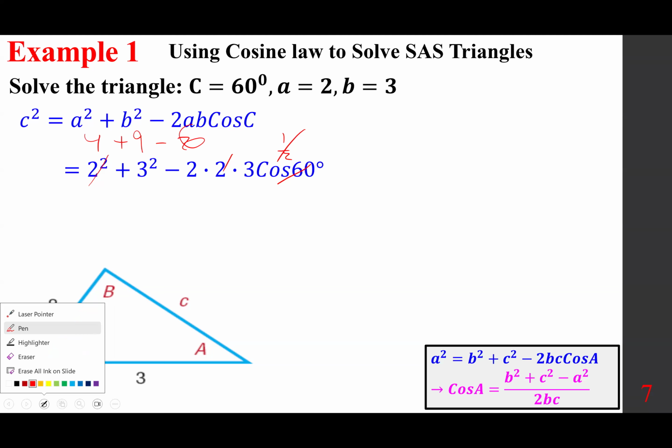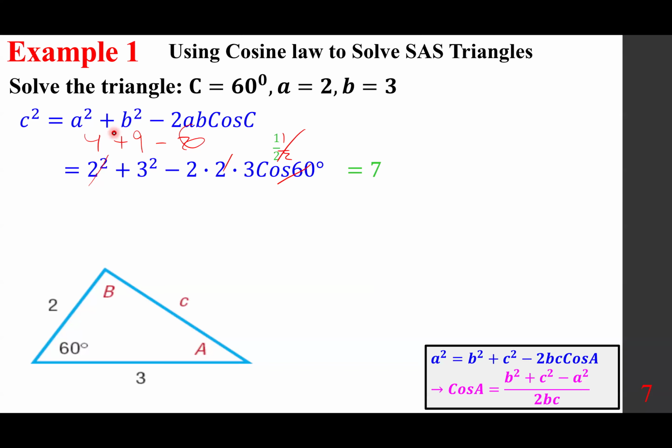So one more time. 2 squared, 4. 3 squared, 9. Minus 2 times 3 times cosine of 60. Cosine of 60 cancels out one of the 2, times 3 is 6, so minus 6, and 4 plus 9 is 13. 13 minus 6 is 7. Therefore, c must be square root of 7.